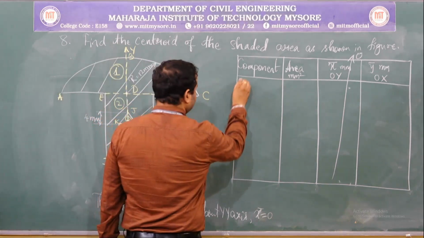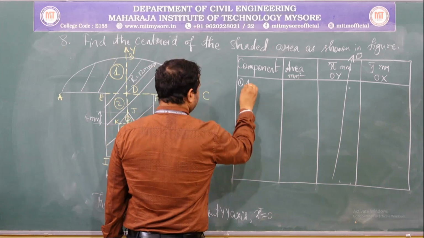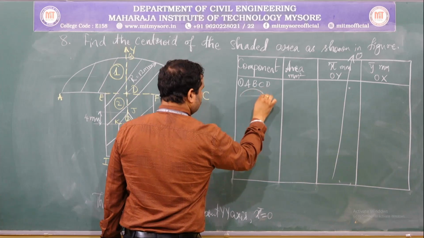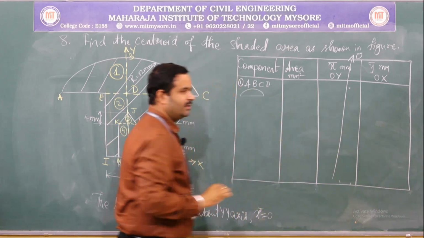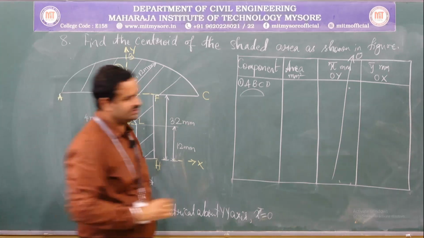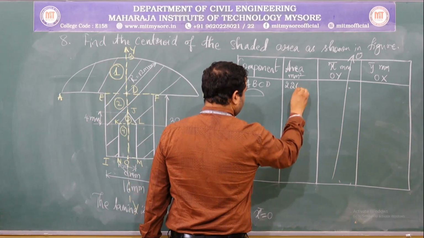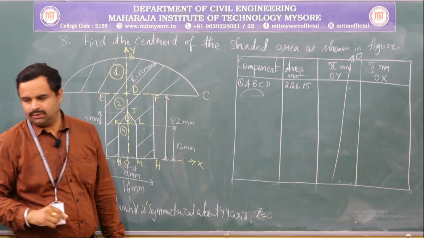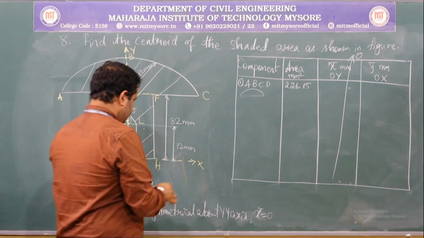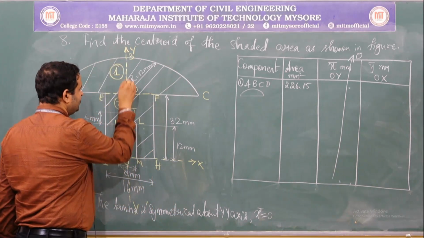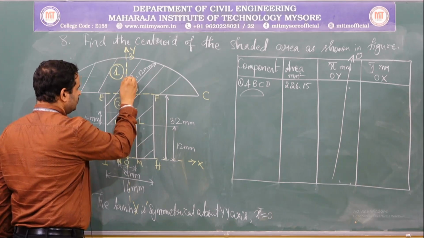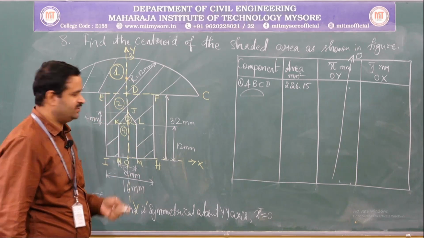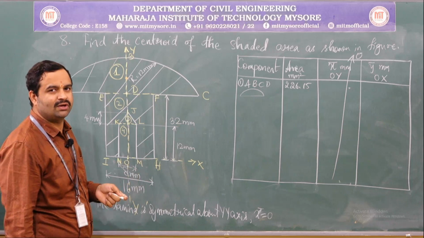So, component 1 is semicircle A, B, C, D. So, area of this semicircle, pi r square by 2, is 226.15 mm square. X bar is absent or 0 and y bar is, see, we had tried to locate the y bar of the individual component here. The centroid of this semicircle can be located here, but it has to be measured with respect to the reference axis or the coordinate axis.